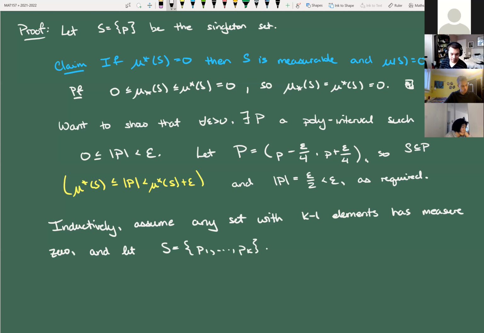Okay. And the natural thing to do here is to split S up into a set with k minus 1 elements and 1 element: p1 through p k minus 1, union pk, right? Let's call that S1. And we'll call this thing S2, something like that.